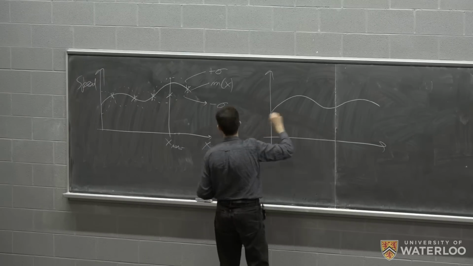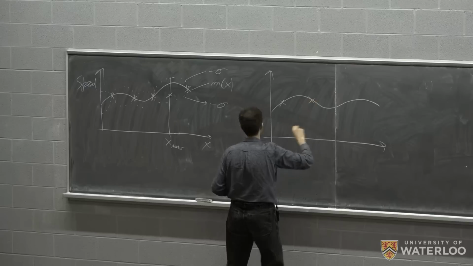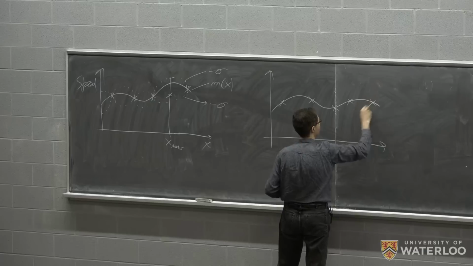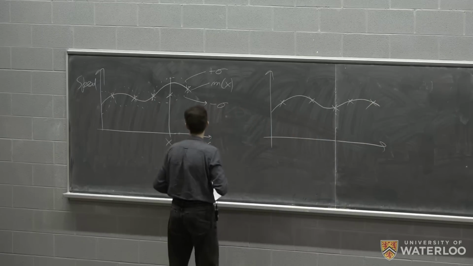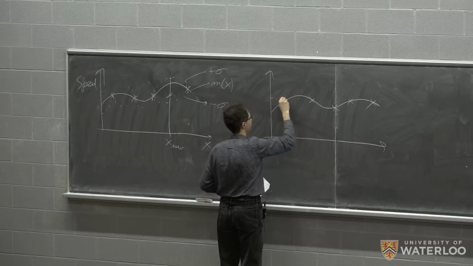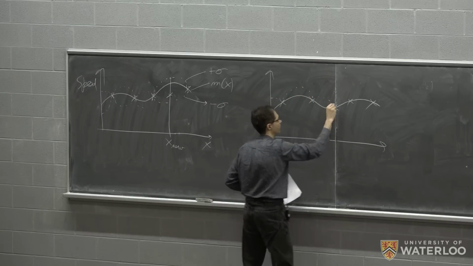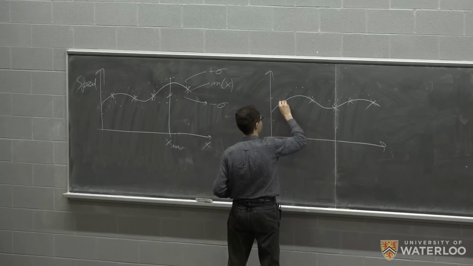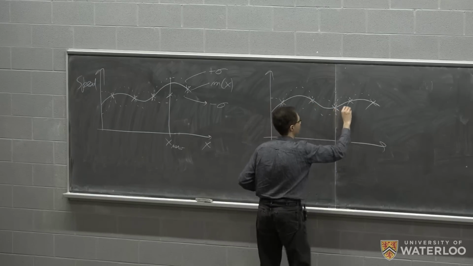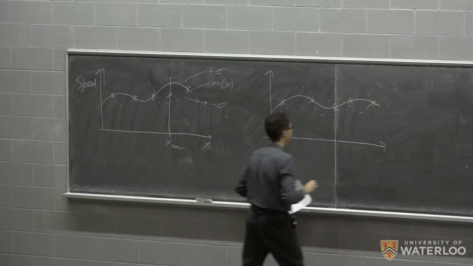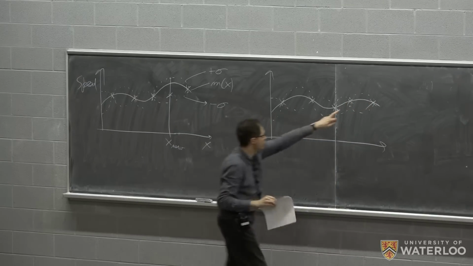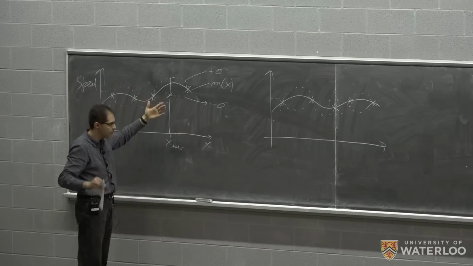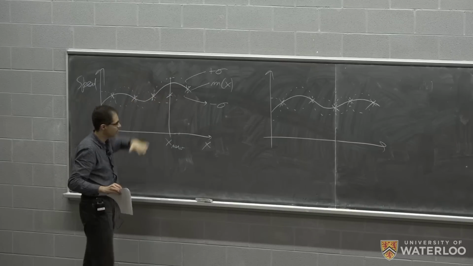Okay, so it should be like this. Okay, so you see this new data point corresponds to this one. Now the main difference is that my mean function goes through that data point.